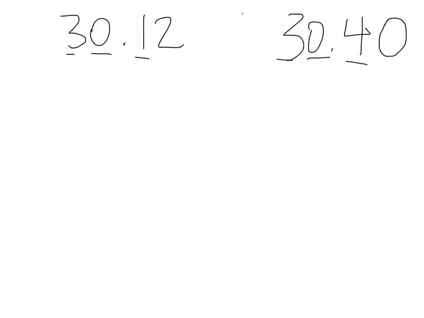That means the mouth needs to eat the decimal on the right because there is a 4 in this place value, which is bigger than this 1. And if you think of it like money, $30.40 is, of course, bigger than $30.12, and our sentence now says 30.12 is less than 30.40.